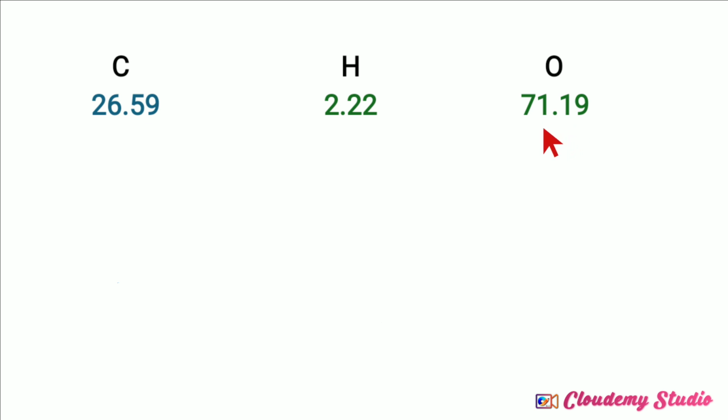The next step, we need to find the moles of atoms. In order to find the moles of atoms, we need to divide the mass by its molar mass, that is its relative atomic mass. Carbon is divided by 12. Hydrogen is divided by 1.